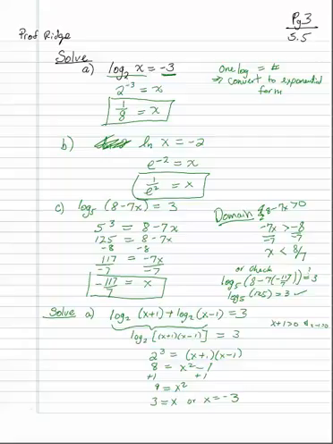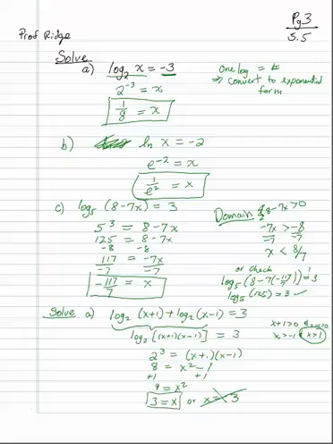You take the most restrictive one out of those two. So x has to be greater than -1, and x has to be greater than 1. This collapses down into just x is greater than 1. And you can see that x equals -3 is no good, so we just get the positive 3.